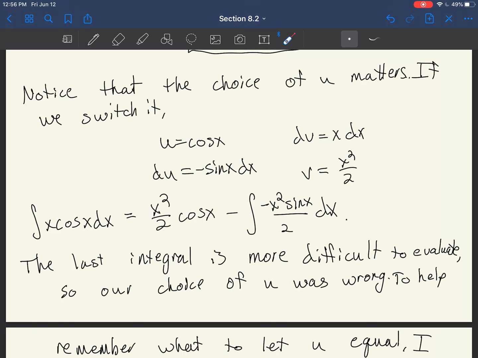And when you did that, you got your integral x cosine x turned into an integral of x squared sine x. Do it again, and you would get something that looks like, not entirely sure, integral x cubed cosine x dx with some constant k out front.